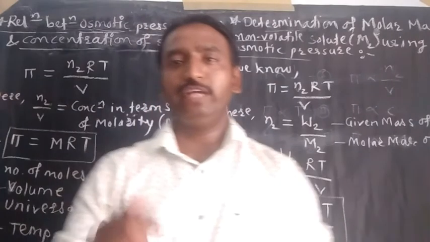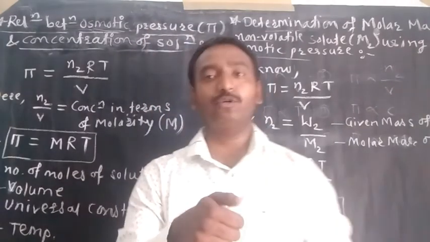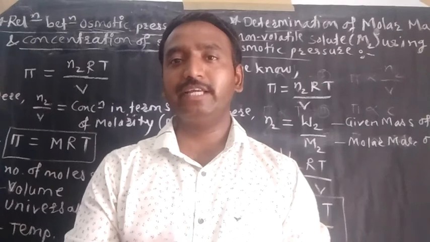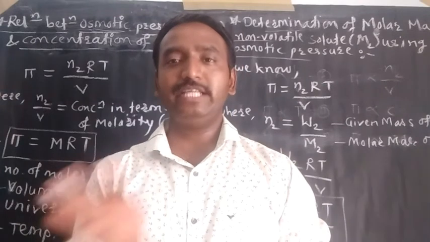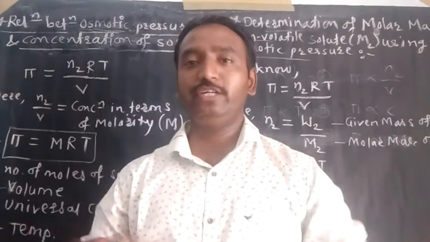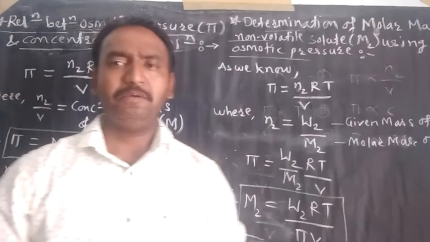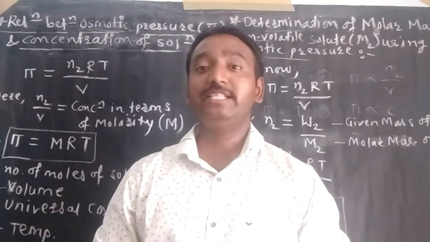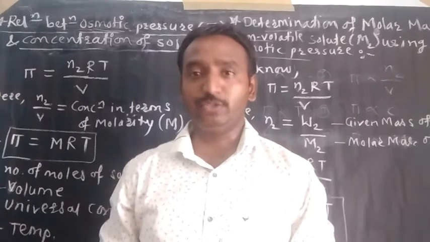There is one basic difference between the colligative properties of the electrolytic solution and non-electrolytic solution. For that, we have to understand what is meant by electrolyte and what is meant by non-electrolyte. Electrolytes are the chemical substances which can easily dissociate into ions. But non-electrolytes cannot be dissociated.